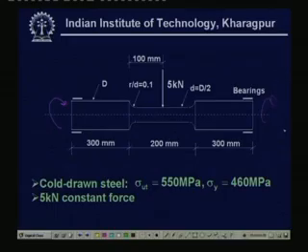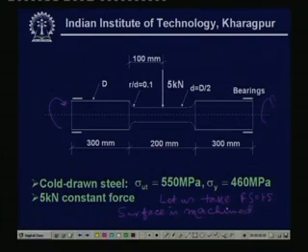We have taken a material, cold drawn steel, for which the ultimate and the yield point values are given as in this particular sheet, and let us take a factor of safety 1.5, and let us also consider the surface to be a machined surface.